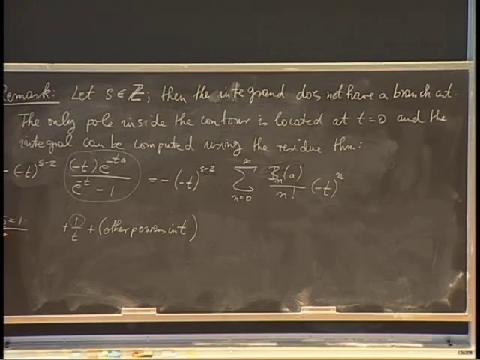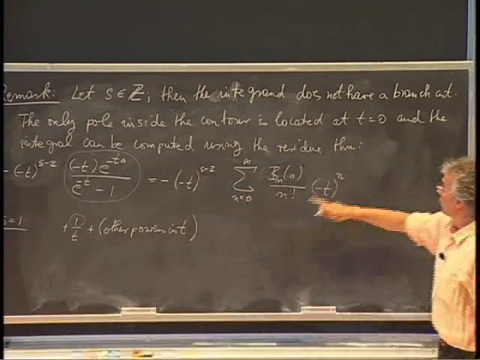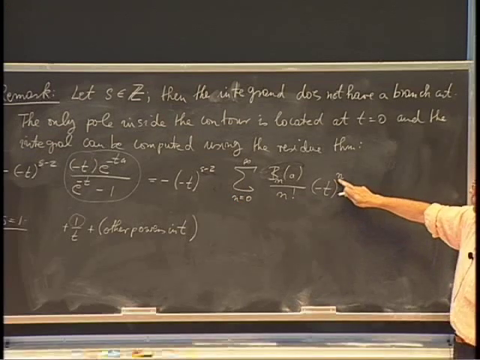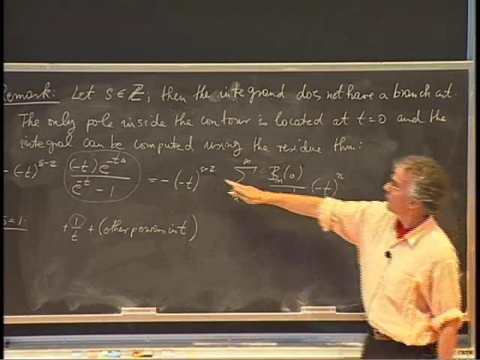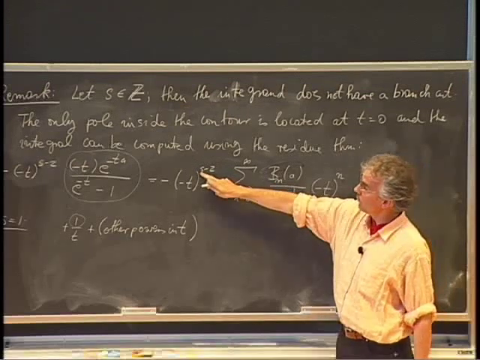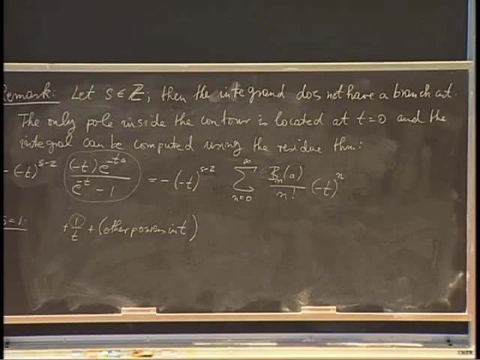You can do exactly the same calculation for the other values of k. I'm not going to do that explicitly. But if s is negative k, in order to look at the 1 over t piece, you have to choose n equals negative s plus 1. That will give the 1 over t power.